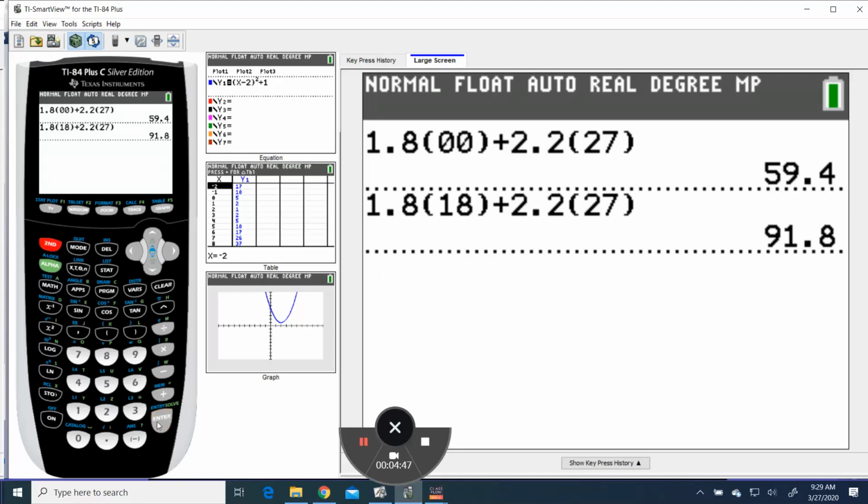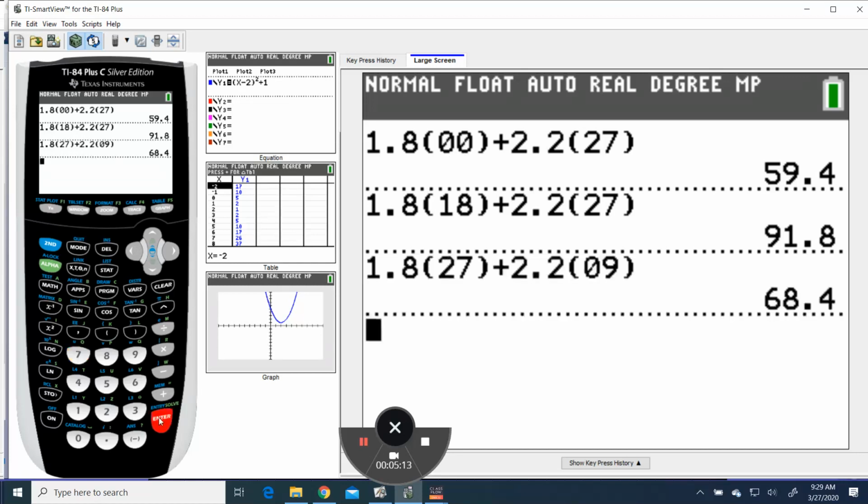Hit second enter. 0, 9. That just saves me from having to hit second delete and insert a space if I have those double zeros. So I know everything has at least two values. Same here, if I put in 09, then that carries that value for me. So that's 68.4.